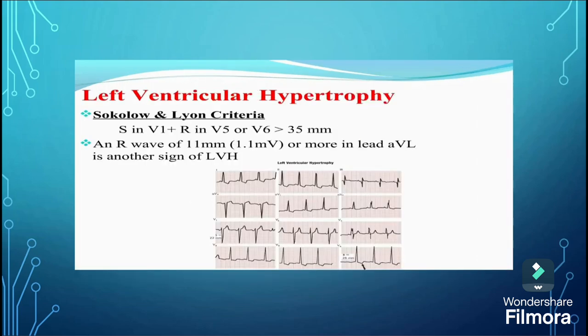So we'll see left ventricular hypertrophy. Sokolow-Lyon criteria: S in V1 plus R in V5 or V6 more than 35. An R wave of 11 millimeter or more in lead aVL is another sign of LVH. So you can see the LVH. This is called Sokolow-Lyon criteria.